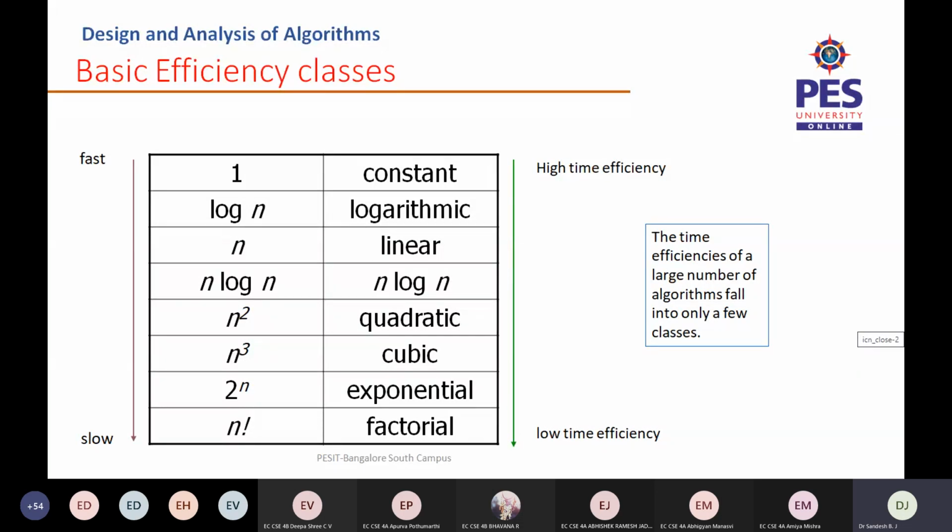It could be an efficiency class where your algorithm belongs maybe to log n or n, which is also called linear, n log n, or n square, which is also called quadratic, n cube, cubic, 2 to the power of n, which is exponential, n factorial, which is factorial. All right. These are the classes of functions which you will be relating your orders of growth with, right?